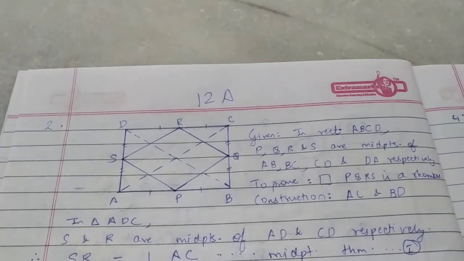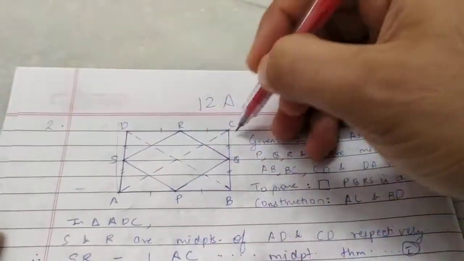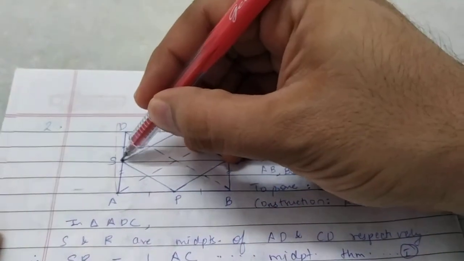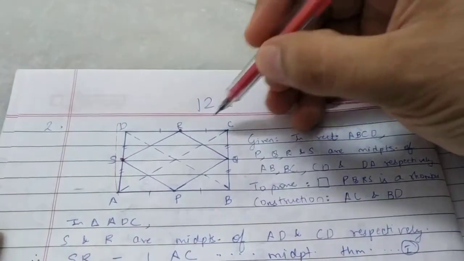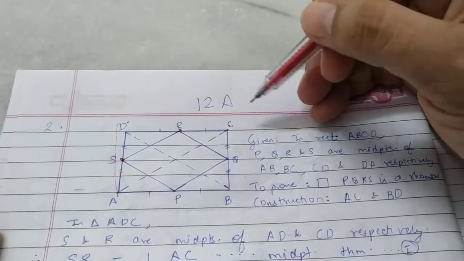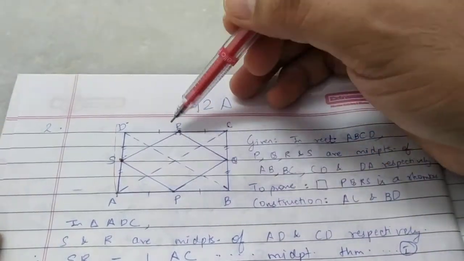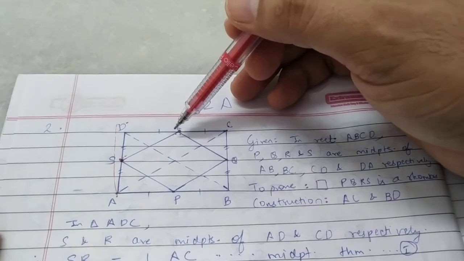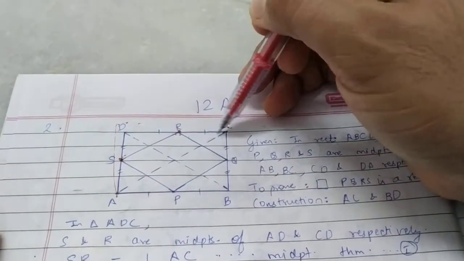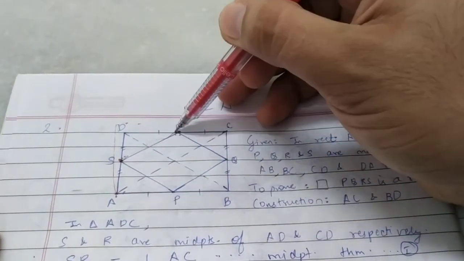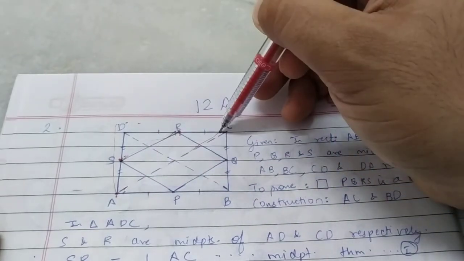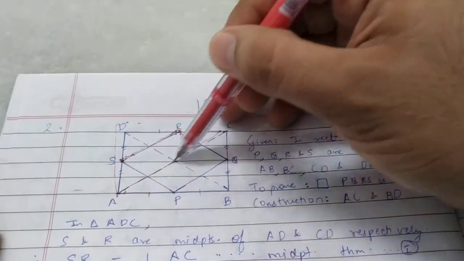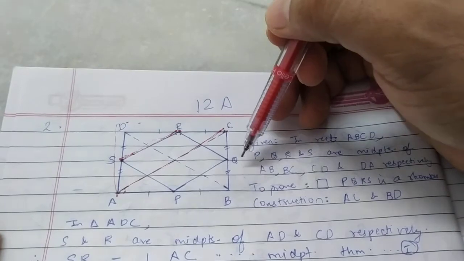Now, first let's take triangle ADC. In this triangle, S is the midpoint and R is the midpoint in triangle ADC. So if I have two midpoints, which is already given in the question, then I can apply the midpoint theorem to triangle ADC, and I can say SR is parallel to AC and also that SR is half of AC. Midpoint theorem.